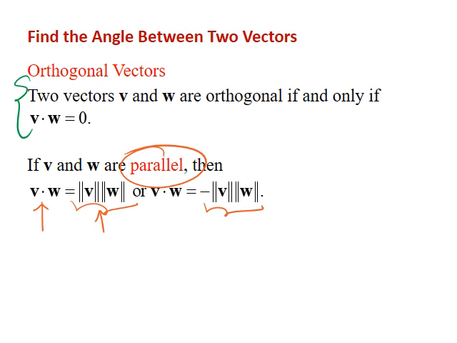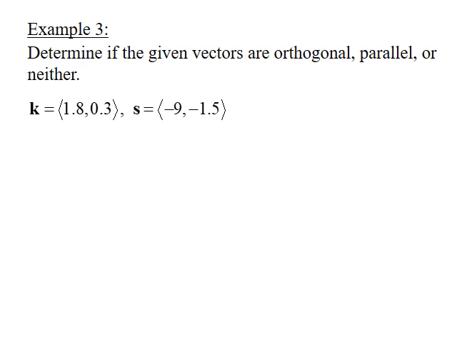So let's see what this means. In this example, it says determine if the given vectors are orthogonal, parallel, or neither. Well, if you find a dot product of 0, then you're done. They're orthogonal.